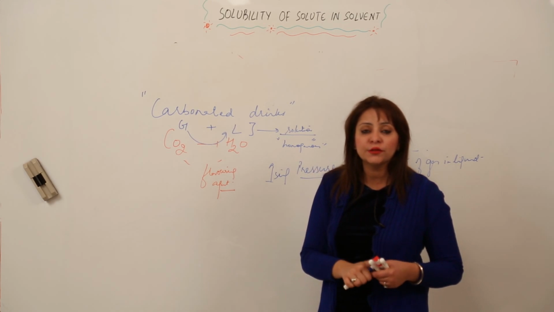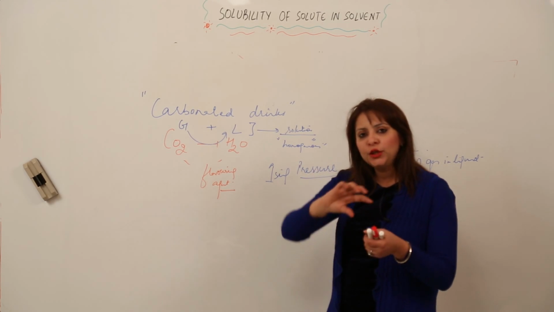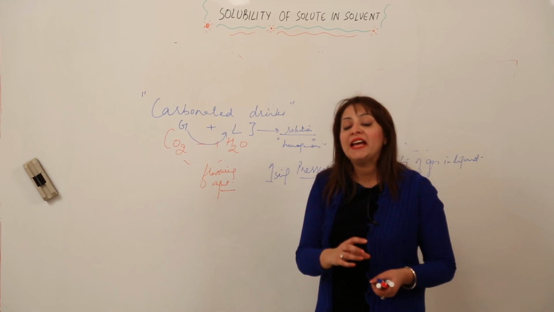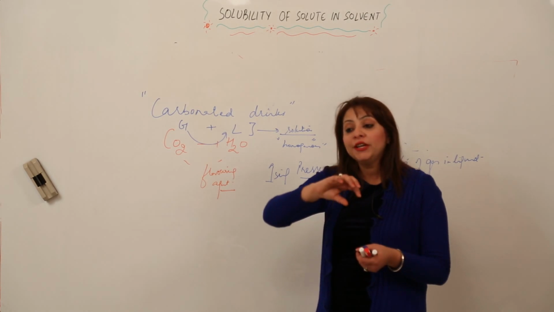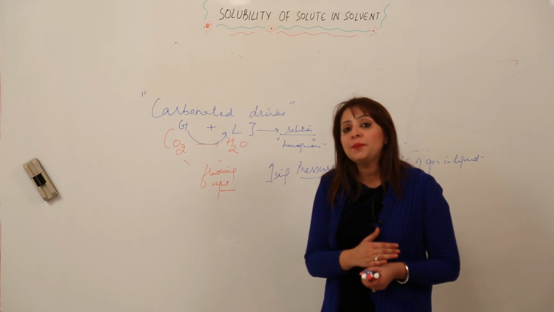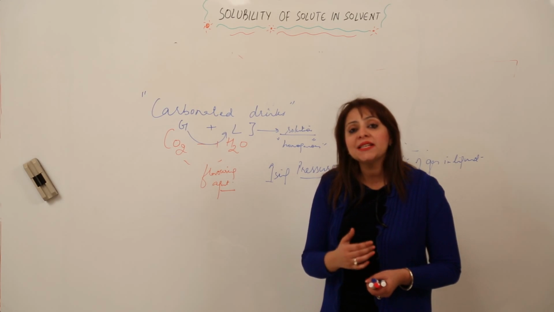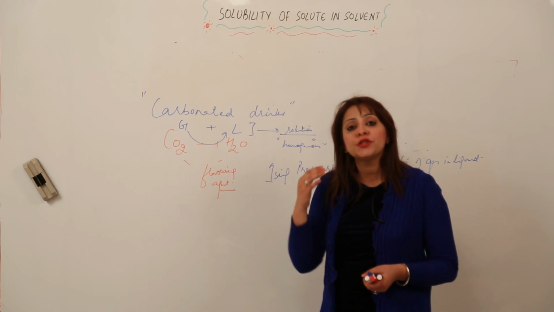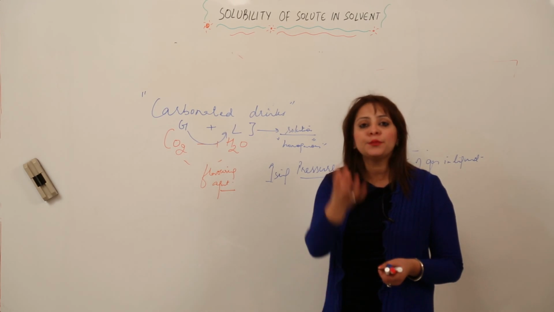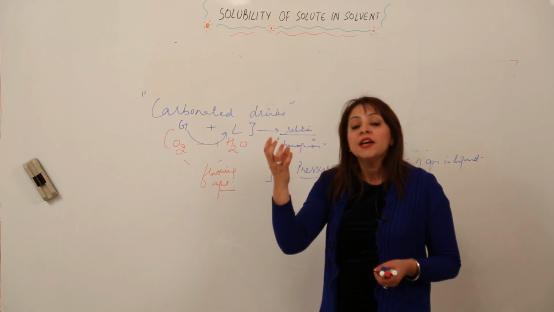And what happens when you open that cap? The pressure decreases, and when you decrease the pressure, the solubility of gas in liquid, or the solubility of CO2 in water, gets decreased. CO2 just escapes from the water in the form of fizz.